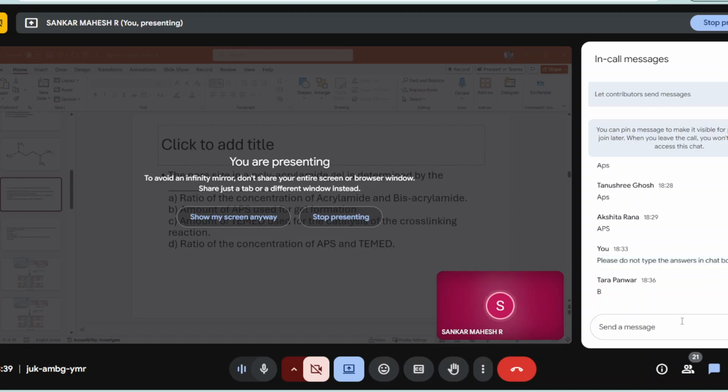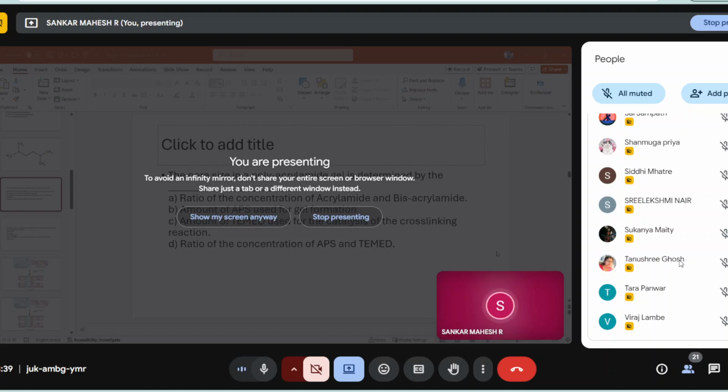Okay, Tara, I hope you had answered for this question, the precise question. Do you want to explain why you have typed option B? Tara Panwar?